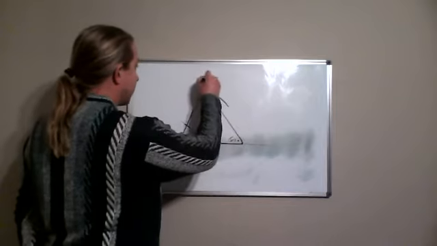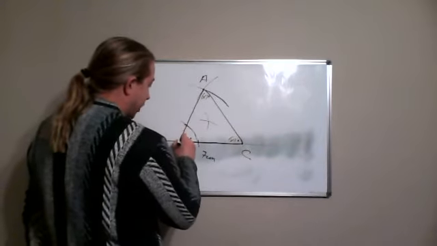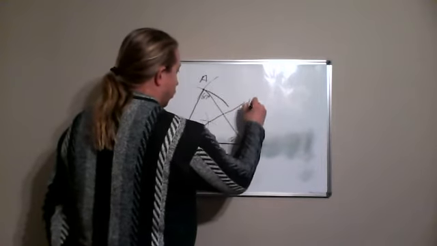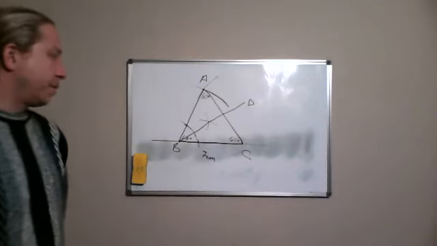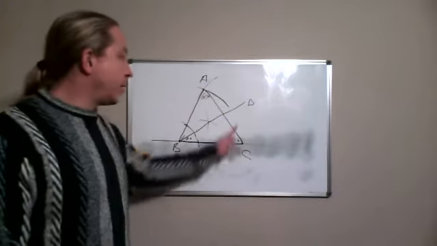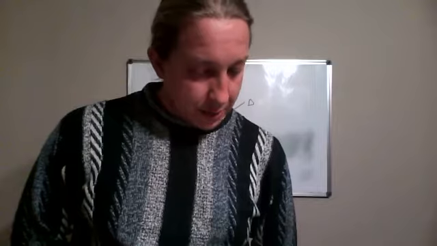So it's A, B, C, and they want us to construct this line, which is a bisector, and we call it D. Okay, so there's the line cutting our angle in half, and we call it D, and they said call it BD. All right, so we can see that in the worked example as well.